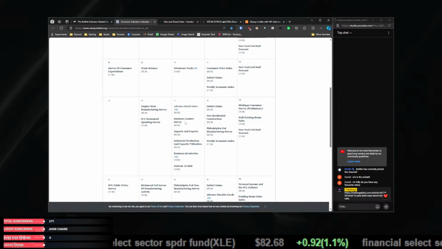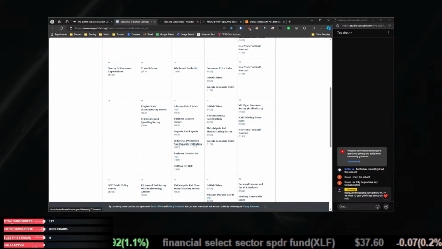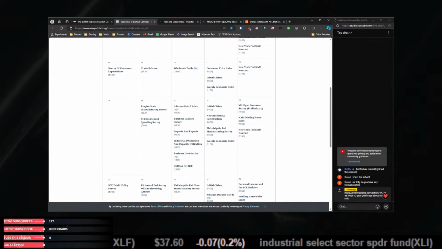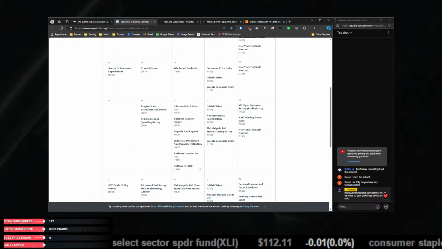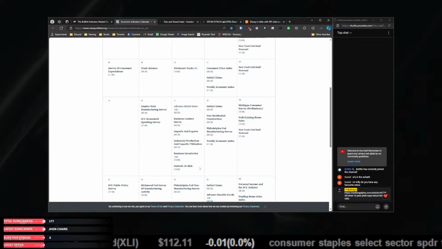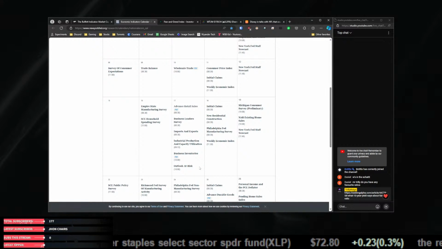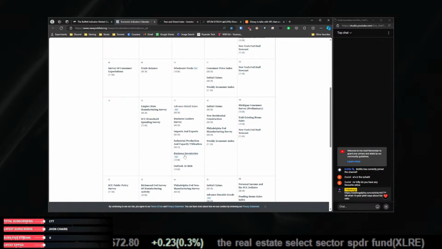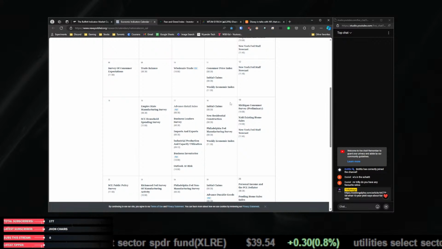We have imports and exports coming in, industrial production and capacity utilization, business inventories, and then outlook at risk. So definitely a lot going on the 17th. Make sure you're keeping an eye on those. Those are all going to be coming in early in the market. As you can see here, 8:30, 8:30, 8:30, 9:15, and 10 a.m. So definitely keep an eye out for those.